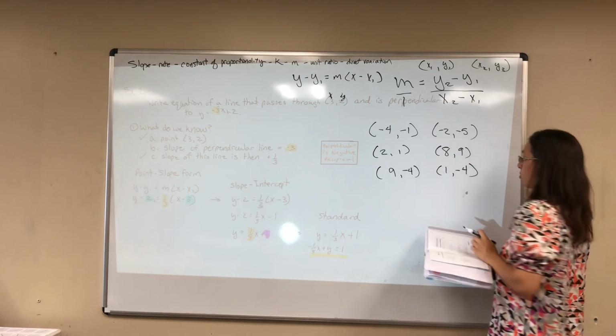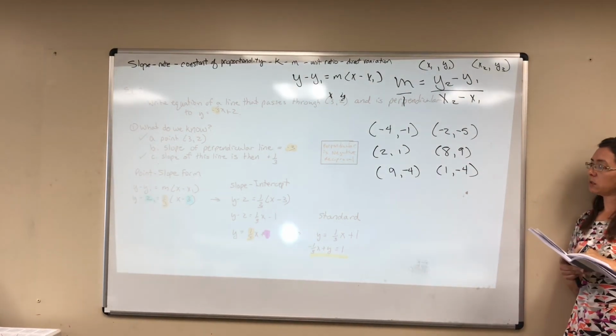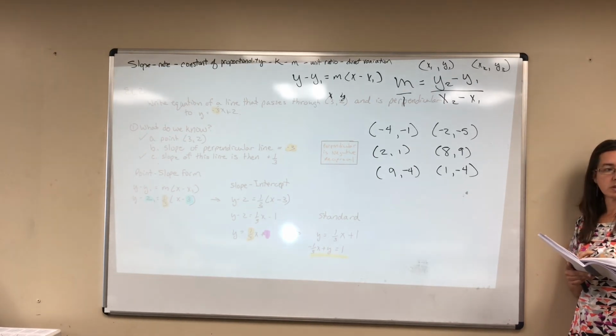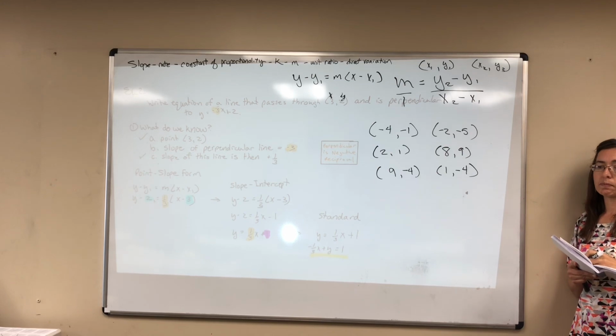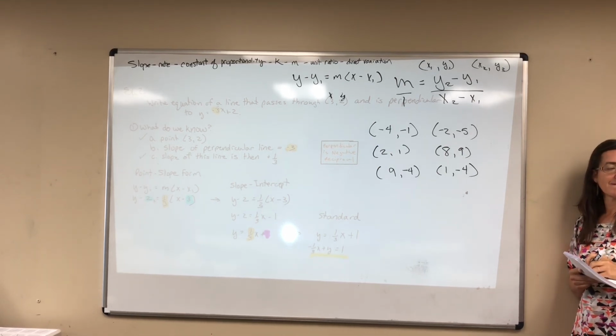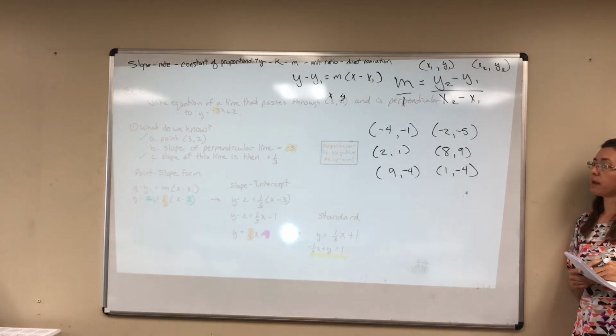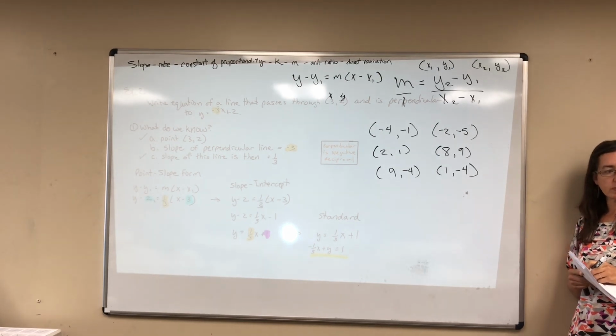And we're going to pause right here. What is something that you notice about these two coordinate points when you look at them? 9, -4, 1, -4. It's the same y?